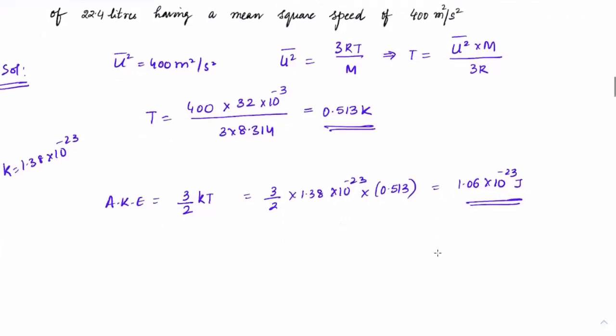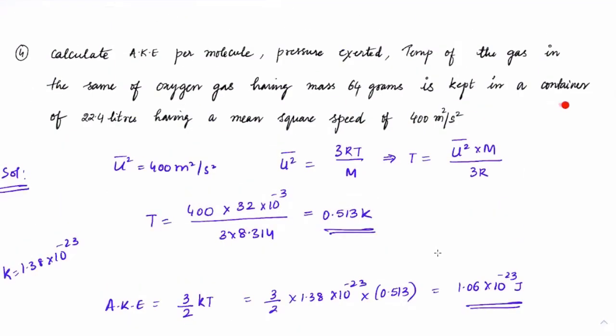Now, last thing is about pressure. Pressure we can calculate using the formula PV is equal to 1 by 3 mn c square. Either this, or we can simply use PV is equal to nRT, because the rest of the data is known to us now, because I already calculated temperature. Volume is given here, kept in a container of 22.4 liters.